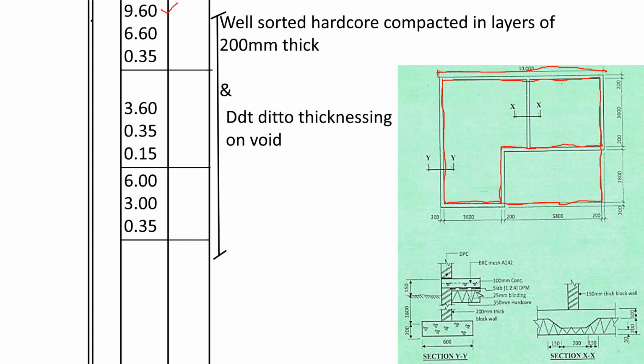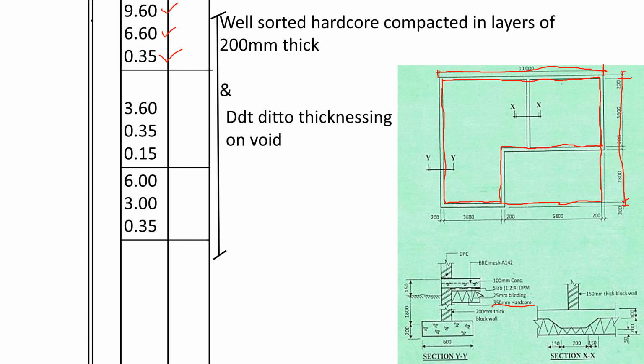We subtract the walls, 200, 200 on both sides, we get 9.60. For the width, it was 7,000, this total width. Then we deduct 200, 200, we get 6.6 for the width. Then the depth of the hardcore is 350 millimeters, which is 0.35.